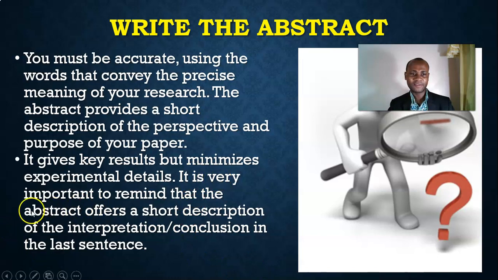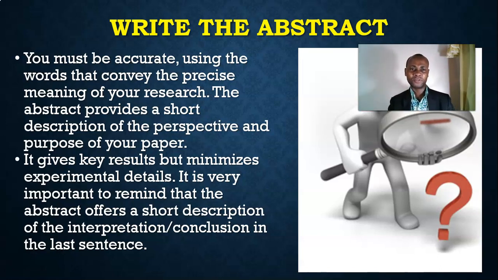Okay, so it is very important to remember that the abstract offers a short description of the interpretation, and the conclusion in the last sentence. So the abstract is just brief. It's just like the heart of the whole thing.